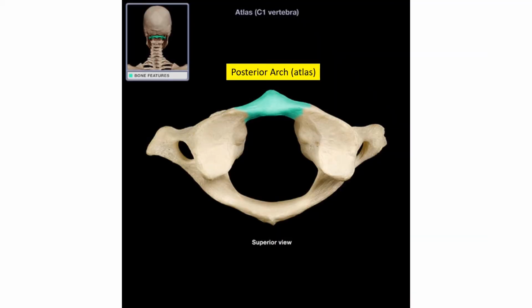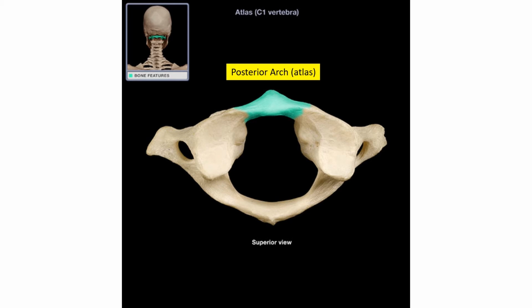Now, the atlas, the C1 vertebra, is not a typical vertebra. What is a typical vertebra? A typical vertebra is a vertebra that has a body anteriorly, two pedicles, two laminae, a spinous process, a transverse process, and superior and inferior articulating processes.